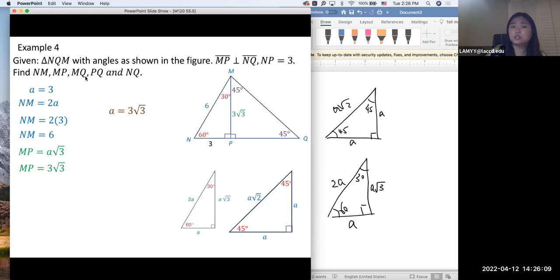Okay, separate into two. On the left hand side here, this is for the triangle 30, 60, 90. On the right hand side here, this is for the triangle with 45, 45, and 90. So in this triangle, A equal to 3 square root 3. So same idea with the PQ, right? PQ is also equal to the A, equal to 3 square root 3.